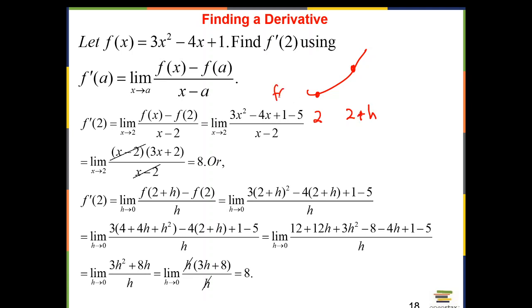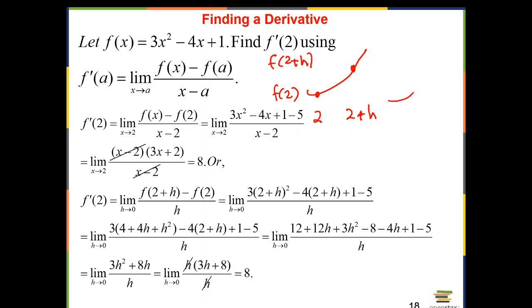So this would be f of 2, and that would be f of 2 plus h. And then we set up this slope, right here. And then we let h go to 0. Again, substitution won't work, right? So what do you have to do? You have to simplify it, factor, whatever you have to do to get rid of that h. And once you get rid of that h, when h goes to 0 here, the answer is 8, right?